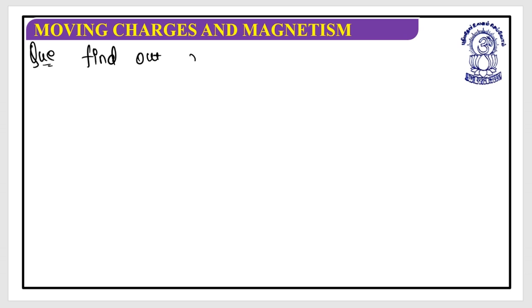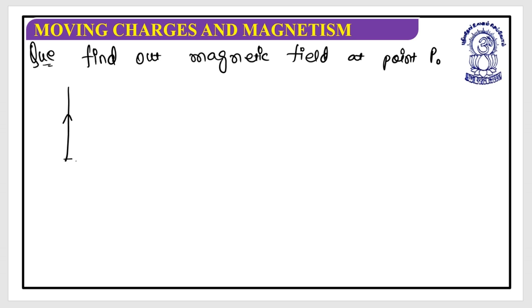Find out the magnetic field at point P. Suppose you require the magnetic field at this point.